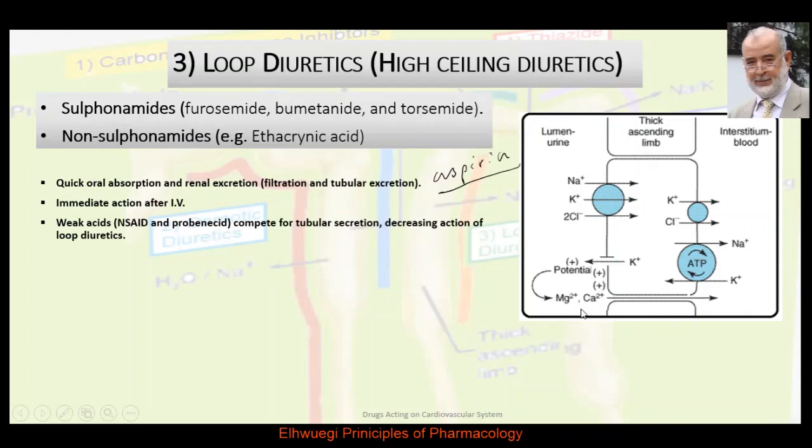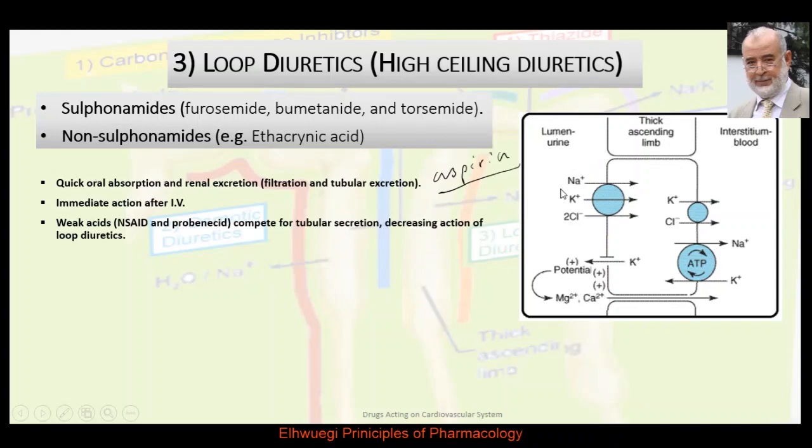So absorption of calcium and magnesium takes place in the thick ascending limb of Henle by the mechanisms we have described. In this part, absorption of sodium, potassium, chloride, magnesium, and calcium will take place.